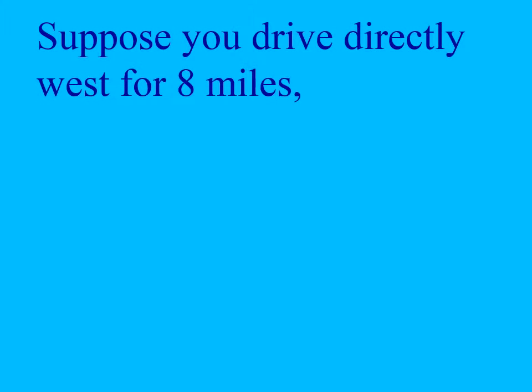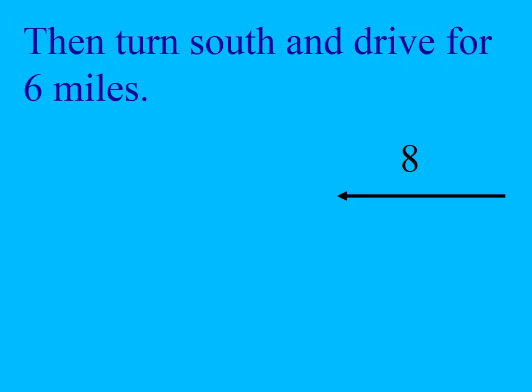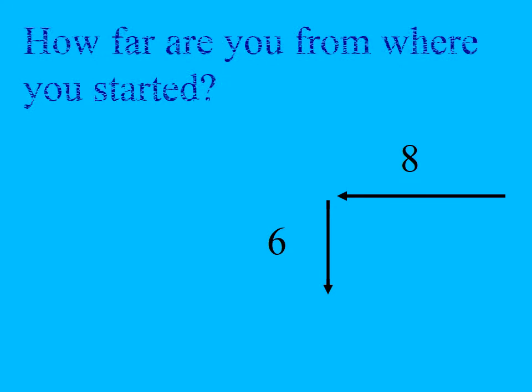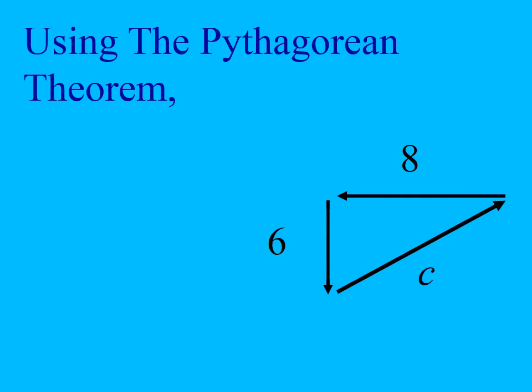Suppose you drive directly west for 8 miles. Then turn south and drive for 6 miles. How far are you from where you started? Using the Pythagorean theorem, 8 squared plus 6 squared is equal to C squared.